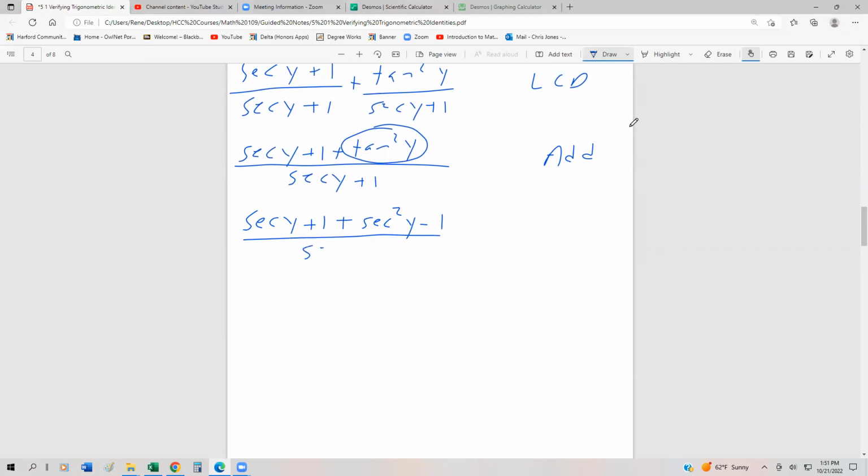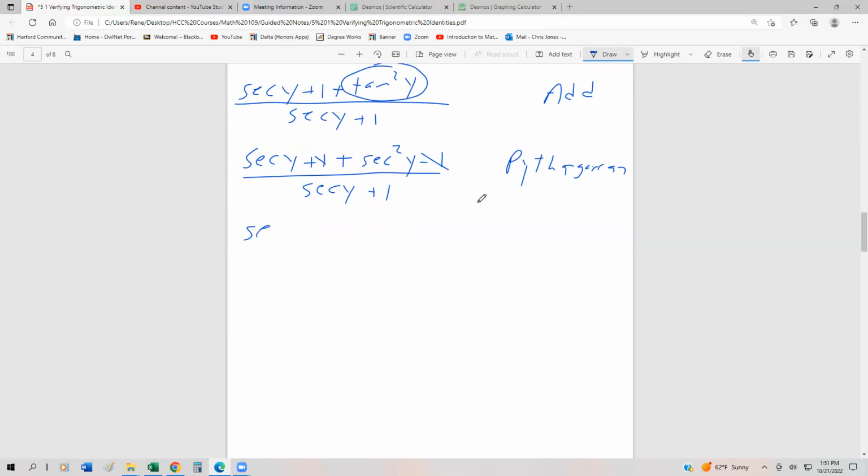And still that's over secant of y plus 1, okay? So that's by our Pythagorean identity. All right. And now we can cancel out the 1's pretty clearly by adding. So now we get sec y plus sec square y divided by sec y plus 1. Okay, so that's just by adding.